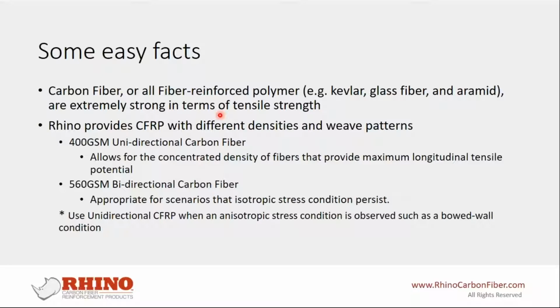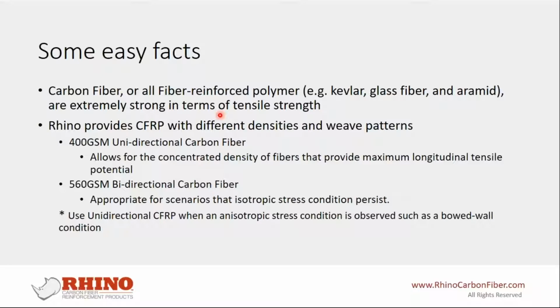The 2 major types we are providing for residential projects are 400 GSM unidirectional carbon fiber and 560 GSM bidirectional carbon fiber. The 400 GSM unidirectional carbon fiber only gives tensile strength in one direction, but it allows for the concentrated density of fibers that will provide maximum longitudinal tensile potential.